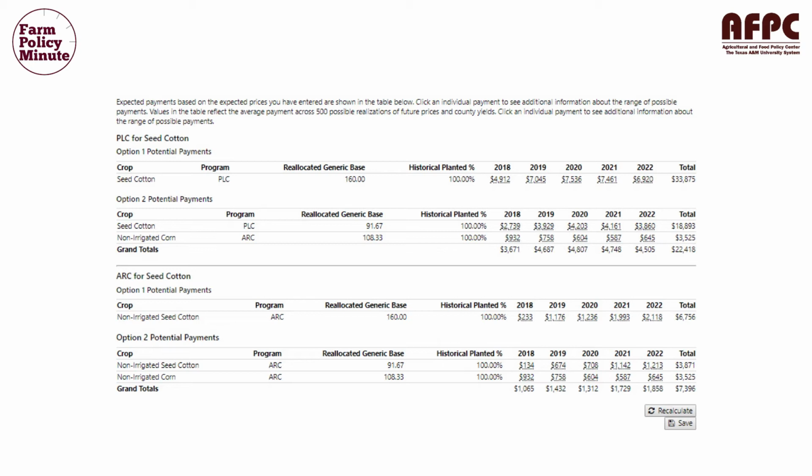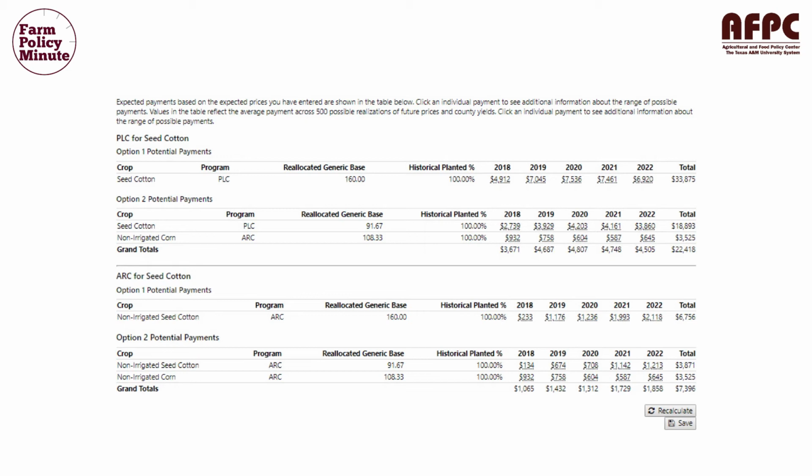But in this particular case, the 160 acres of base would get you roughly estimated $33,000 in payments. In PLC, if you go to option 2, where you allocate a little bit more than half of the 200 to corn, then you can see the projected payments from that portion to be $22,000, which would be less.